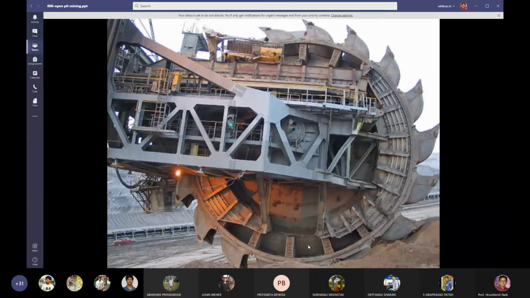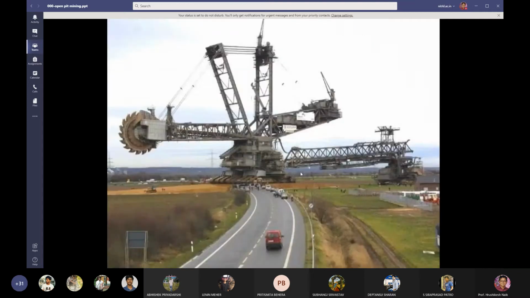This is the wheel, which rotates anti-clockwise, and this wheel contains buckets 1, 2, 3, 4, 5, 6, 7, 8, 9, 10, etc. A number of buckets are attached to the wheel. Whenever the wheel moves anti-clockwise, the material is caught and collected by these buckets, and it is discharged onto the conveyor to be transported. So this is called a bucket wheel excavator.